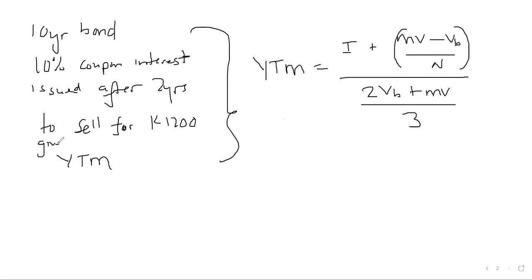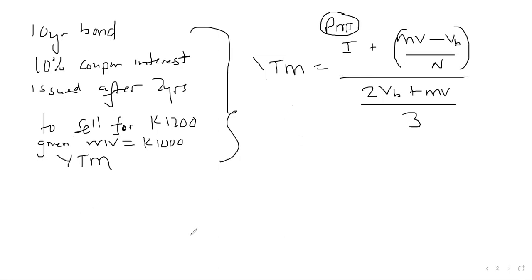If you're not given the maturity value, usually the maturity value is 1,000. If it was 120 here, you know that the face value is 100. It's within the same range, similar. Here, some books will put payment, coupon payment, or they put I, it's the same thing. Others will put C, coupon payment.